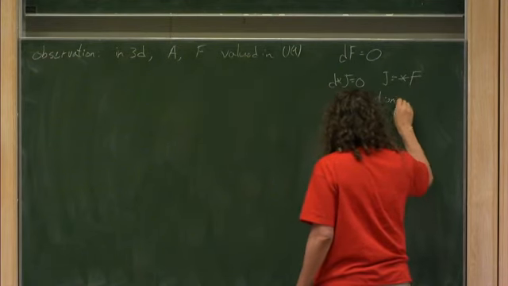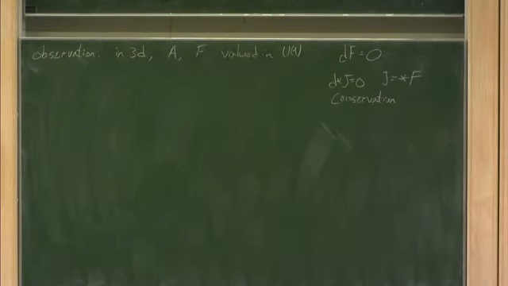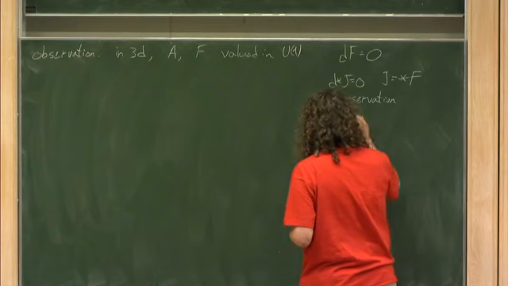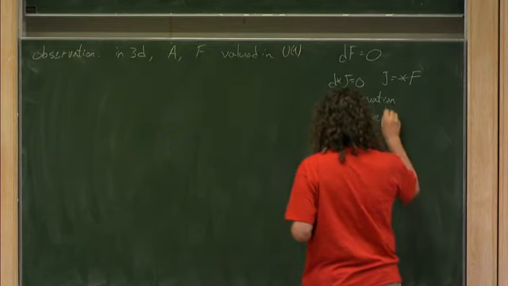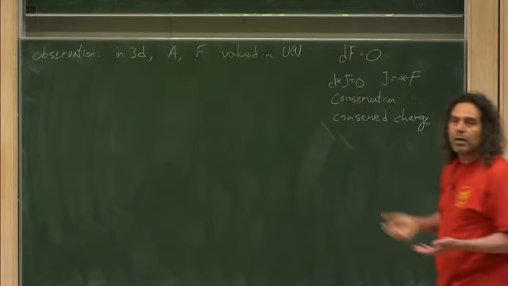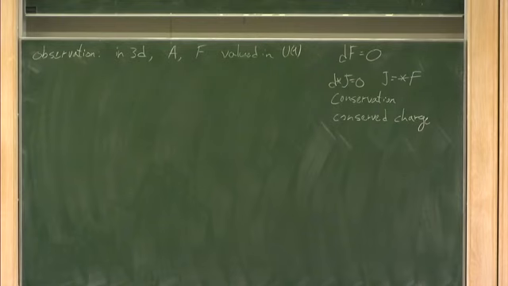So I can think of J as a current, and it is a conserved current, and therefore there's going to be a conserved charge. And this charge is going to be naturally called, just because of this equation, a magnetic charge.